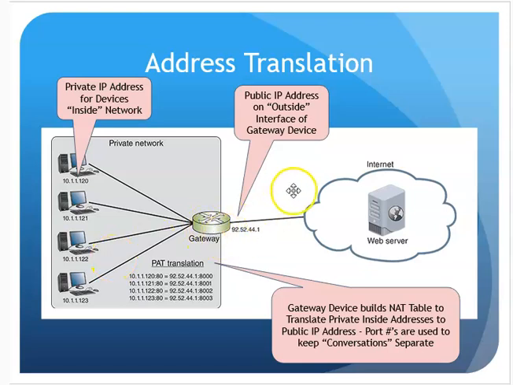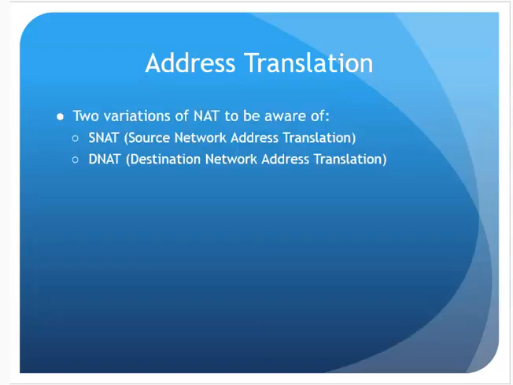So now it has a table of any traffic coming back. If it's destined for port 8,000, it'll know to translate it into this IP and send it to this computer. And that is how it can convert your private scheme inside to the public IP address that's outside and keep them separate using different TCP port numbers. Really neat, really sneaky, if you will.